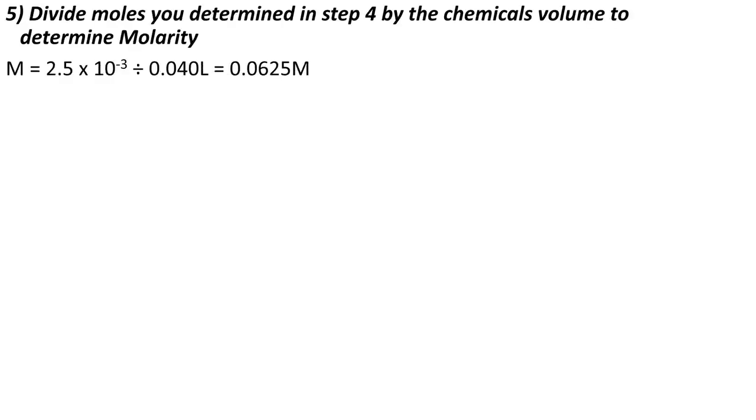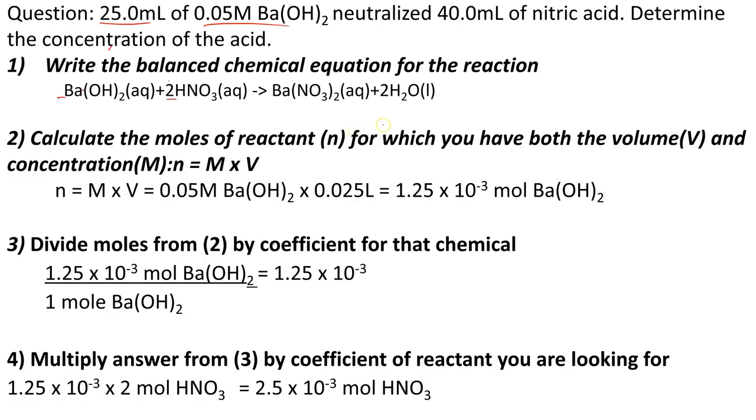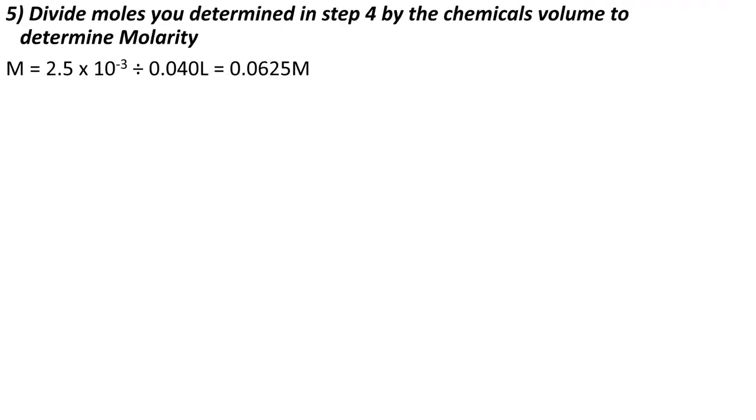And then finally divide by the volume, which is 0.04 liters, which, in case you didn't notice, was the original volume of this acid. So what I basically did was figure out the concentration of this acid from the beginning. And that's what you're trying to do, figure out the concentration of an unknown chemical. All right, so that was stoichiometry. Hopefully you have a little better understanding of it, and you'll be able to do some of the math and the calculations.